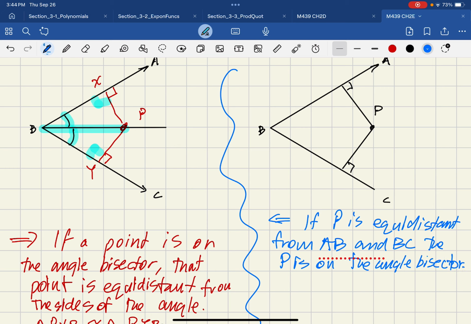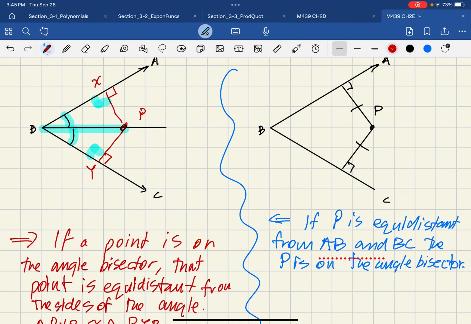Let's see if that's true. Okay, so P is equidistant from AB, and that means that we are given that that side and that side are the same. We have a point that is the same distance from two sides of an angle. And what we want to show is that it's on the angle bisector.